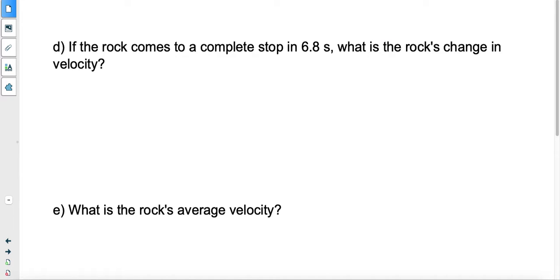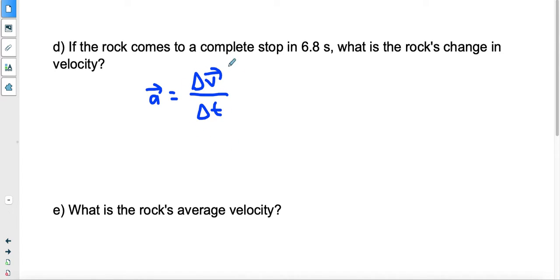Part D. If the rock comes to a complete stop in 6.8 seconds, what is the rock's change in velocity? Well, remember, acceleration is equal to the change in velocity over the change in time.